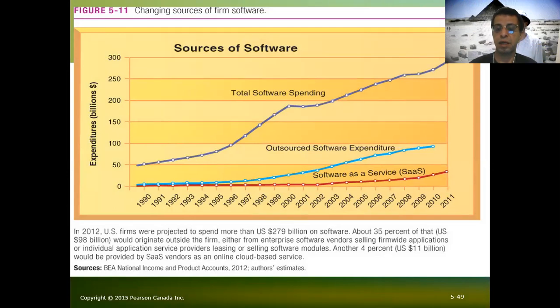When it comes to software as a service, it's a little bit behind, but it's moving. The outsourced software expenditure is ahead, but now we see a move to software as a service, which is SaaS, and the total spending, as we said, is around $300 billion so far in 2011.